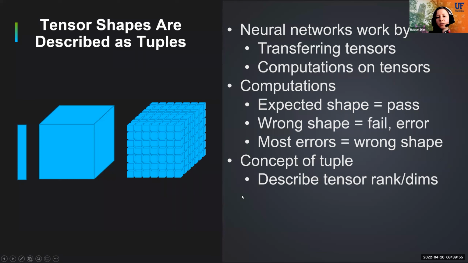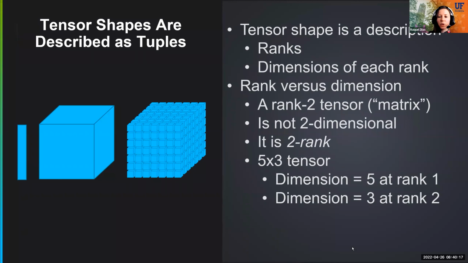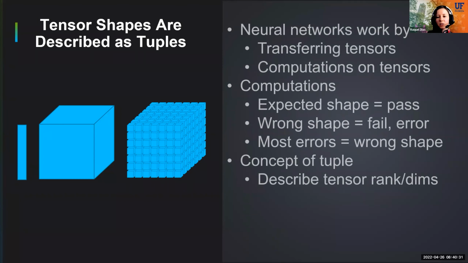And there is another important concept to understand. Tuples are usually used to describe the complexity of the tensors. So that information that I was talking about before, this example of a 5x3 tensor of dimension 5 at rank 1, dimension 3 at rank 2, that information on their structure or their description is usually stored as tuples.